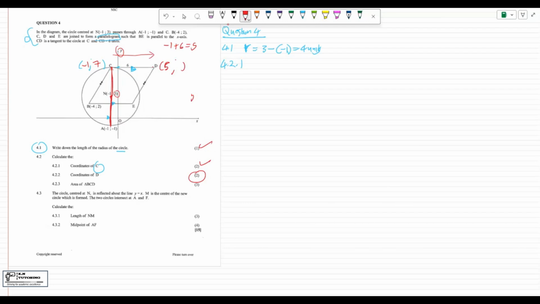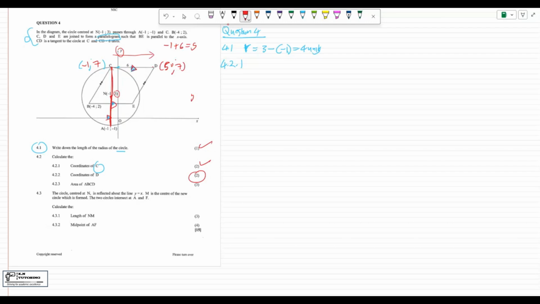And how do I know that it's a straight line? They told me that this is a parallelogram, and that this is parallel to that and also parallel to that. So that's why I know C and D are on a straight horizontal line. Now, how do I find the y value? The y value doesn't change. It will remain 7. Basic analytical geometry from grade 10 or even grade 9.